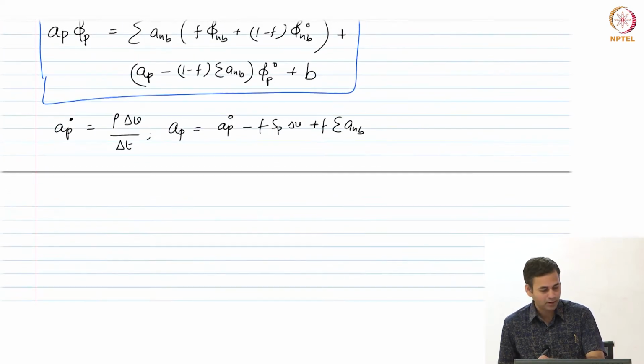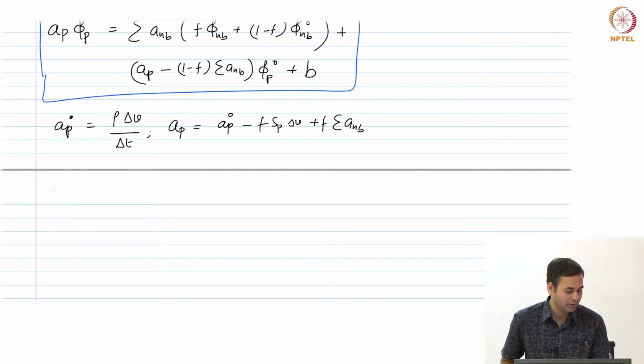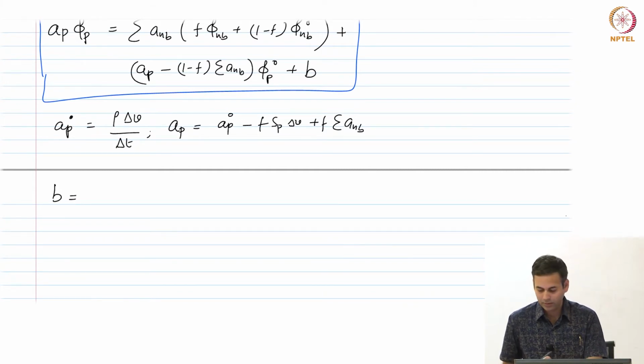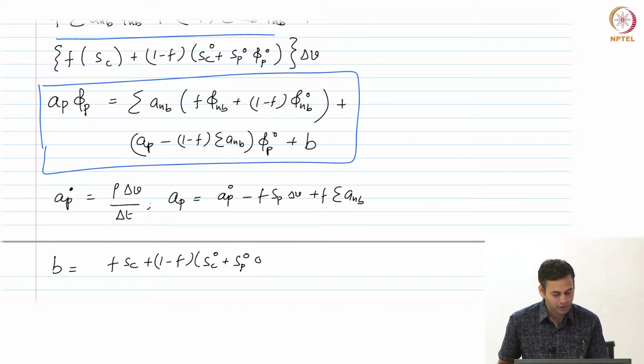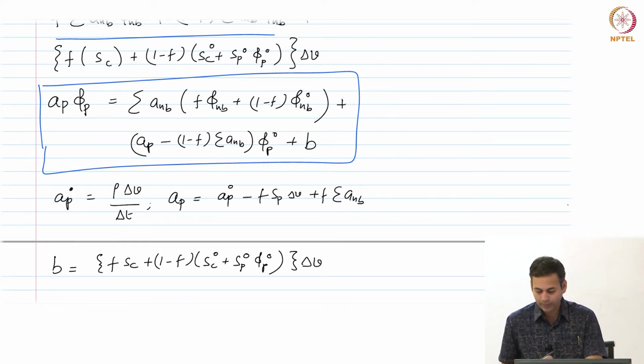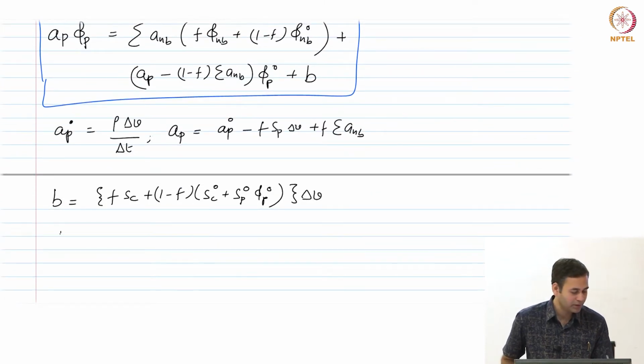What else? B, right? What would be B? B is the source term, that is f times SC plus 1 minus f times SC 0 plus SP 0 phi p 0 times delta V. Now, what about the coefficients A east, A west, all those things? They are the same as what we had in the steady diffusion equation, right, for a Cartesian mesh.